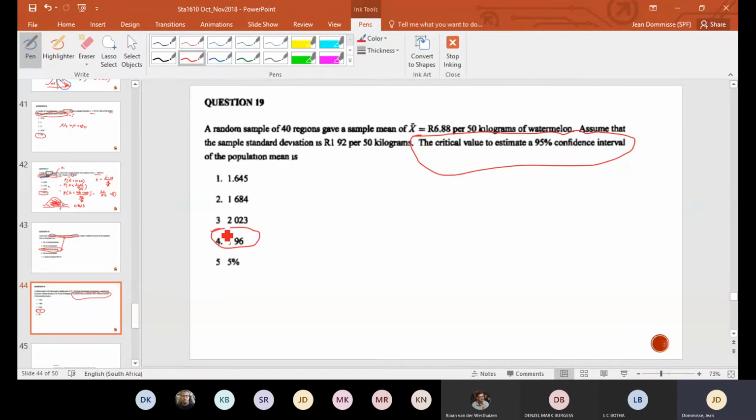There's a table on one of the pages that says one tail or two tail, and because we're working with a confidence interval, it is always two tail.